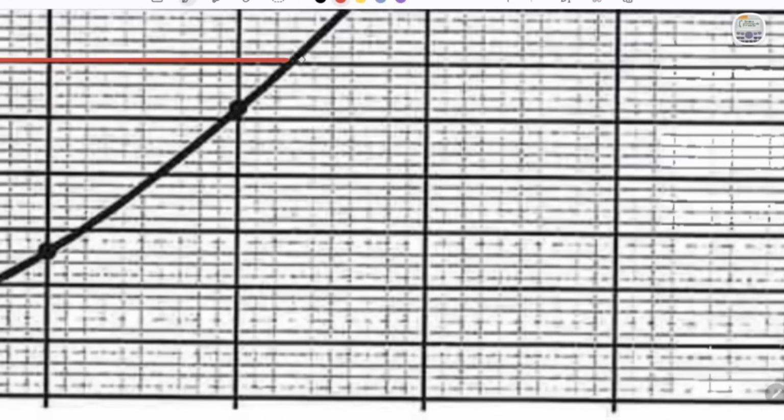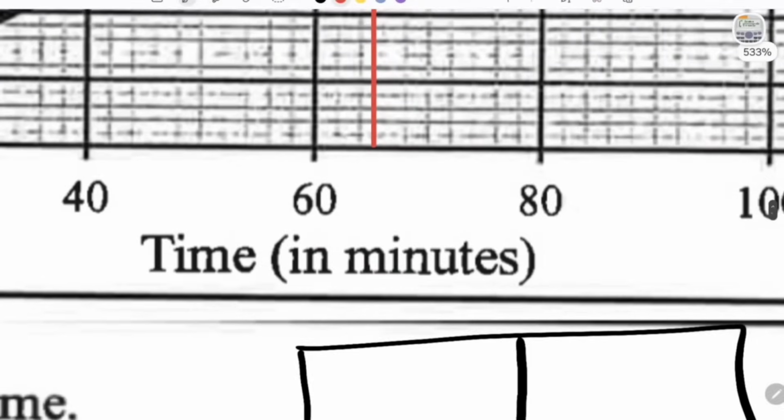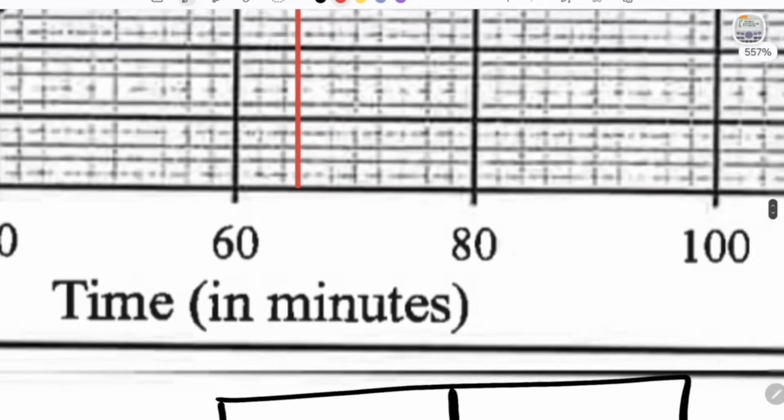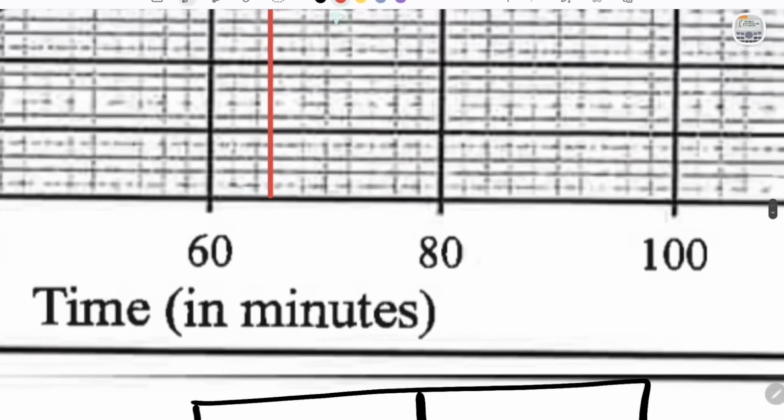I'm just trying to be exact with these. It looks like it hits here, and we'll just see exactly where it is. Let's see what this is counting in. It's not very clear, but there's a line here, and a line after that. It looks like it's counting in intervals of 2: 60, 62, 64, 66, 68, 70, 72, 74, 76, 78, 80.